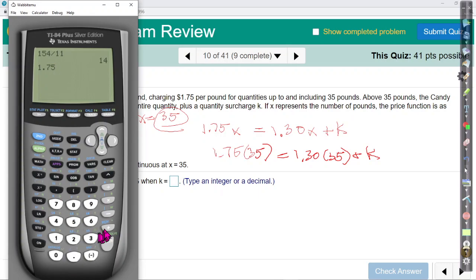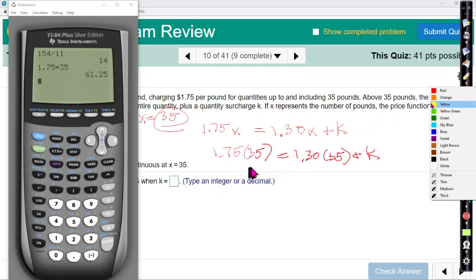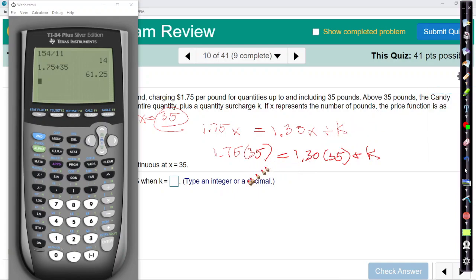1.75 times 35 gets us, let's just put down here 61.25, and then 1.3 times 35.